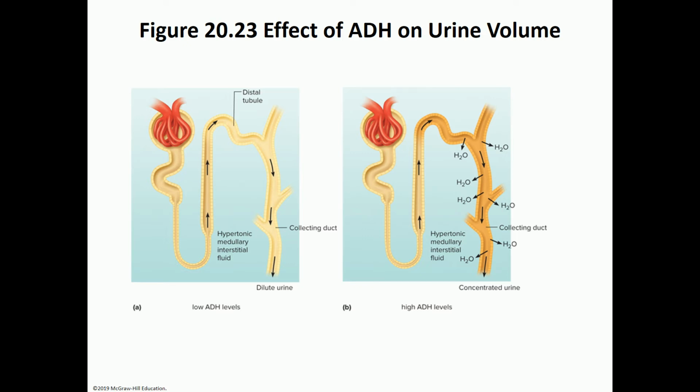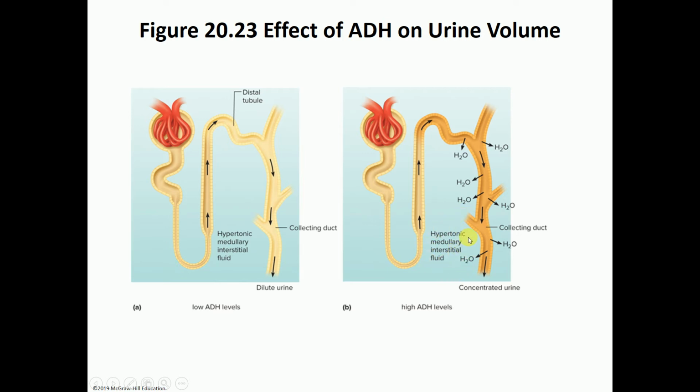Okay, so takeaway from this: normally, with low ADH levels, we make diluted urine because the distal tubule and collecting ducts are not permeable to water. Under high levels of ADH, the distal tubules and collecting ducts become permeable to water, and water is reabsorbed through osmosis because of the hypertonic medullary interstitial fluid.